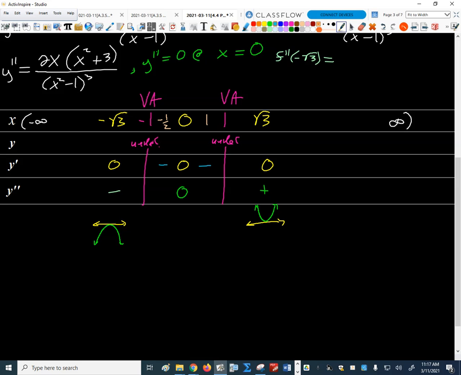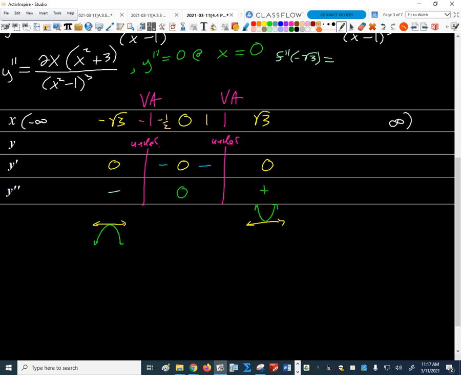Yeah, it's not an extremum, right? Because we're going from a decreasing function to a decreasing function. In order for this to be a minimum or a maximum, it has to be a point of transition of the first derivative. It has to either be going from decreasing to increasing or increasing to decreasing. And it's doing neither one of those things.